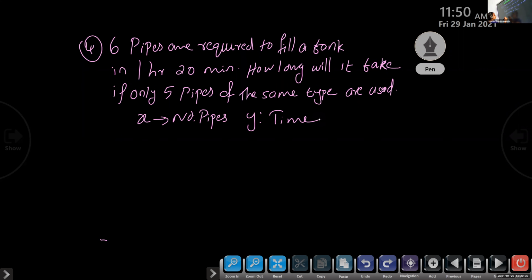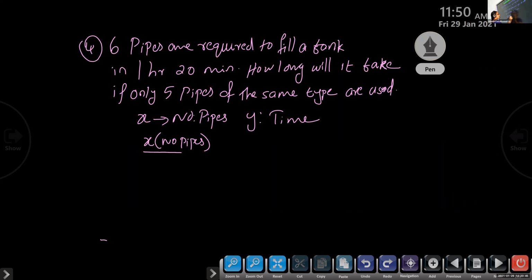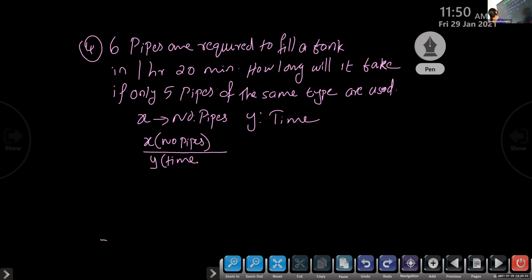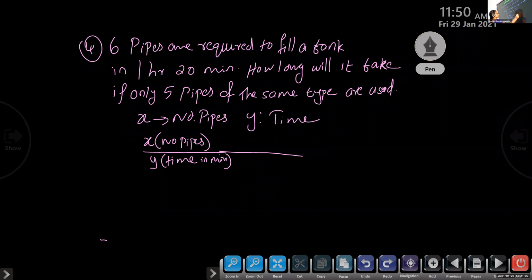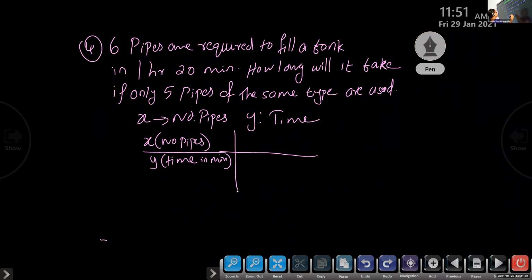Now x is the number of pipes, y is the time in minutes, because the time is given in hours and minutes, so we will take time in minutes. 6 pipes, time 1 hour 20 minutes.